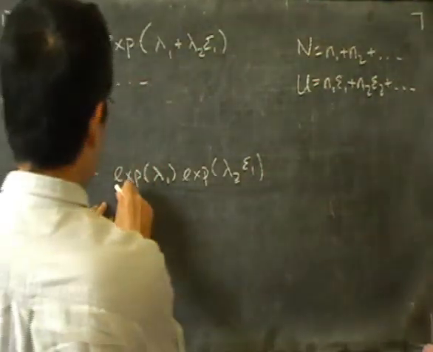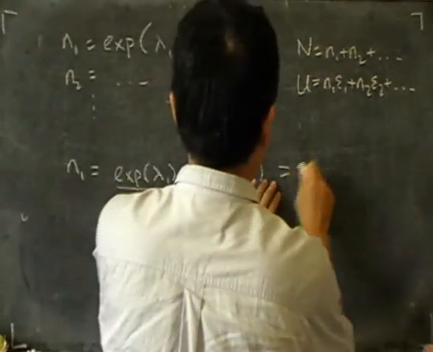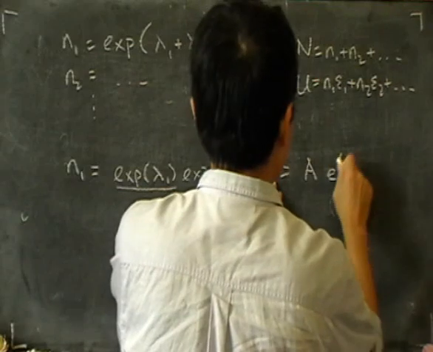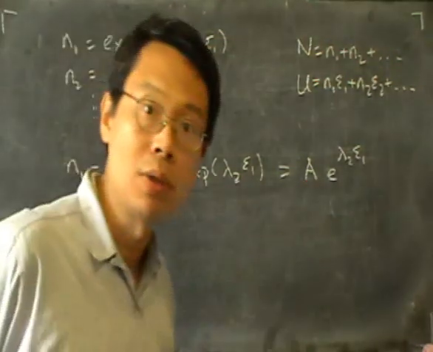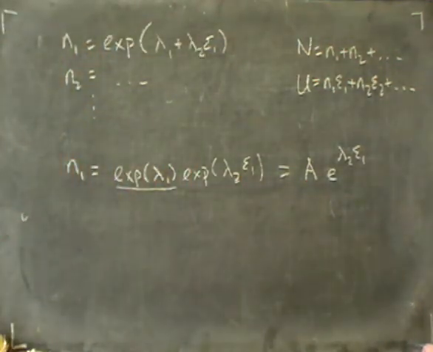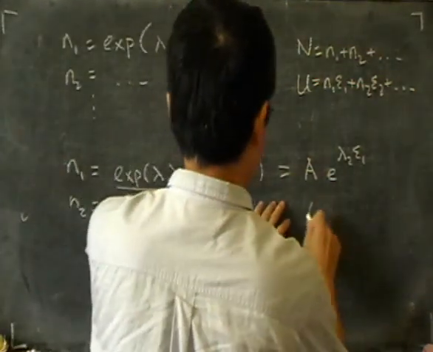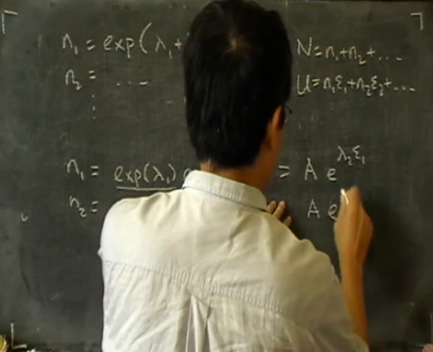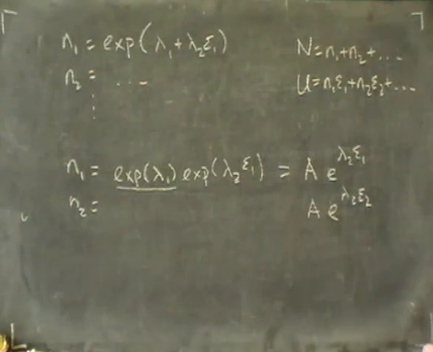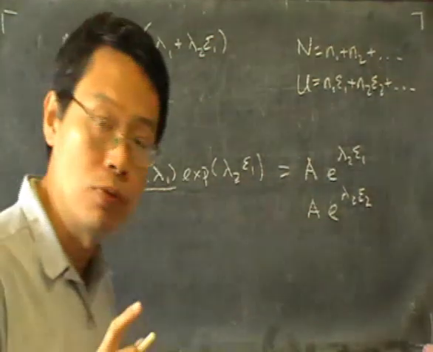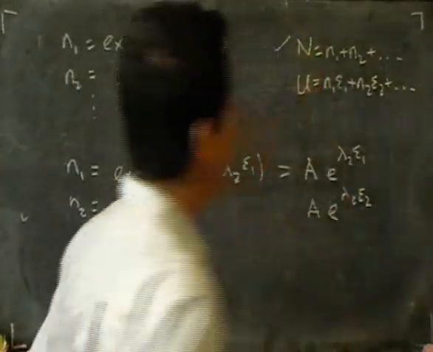Now we are going to rename this part, the exponential of lambda 1, and call it A. Alright, so that's renamed as A. And we have likewise for all the n2 and n3 and so on. This will be A e to the power of lambda 2 epsilon 2, etc. And we can actually solve for A by substituting all of these into that first equation for the number.